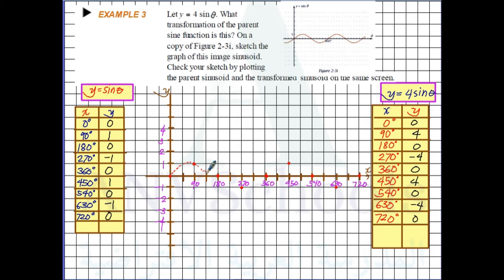This would be the graph of my parent function. Okay, so I have to make a good curve here.